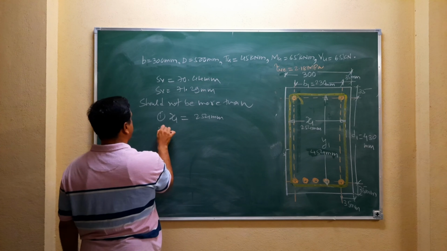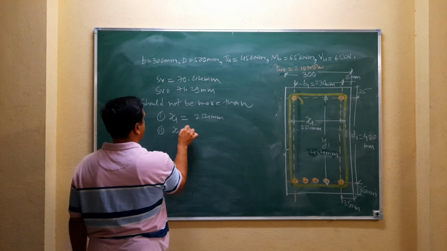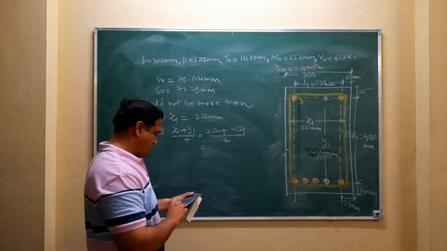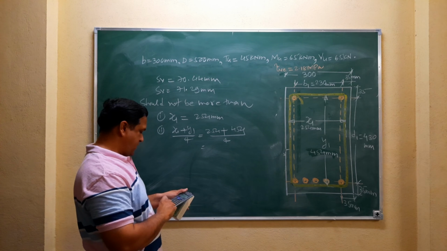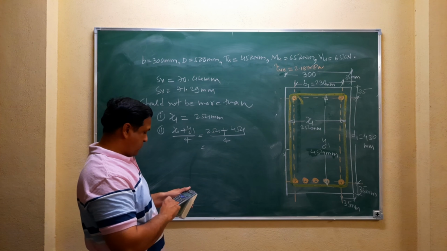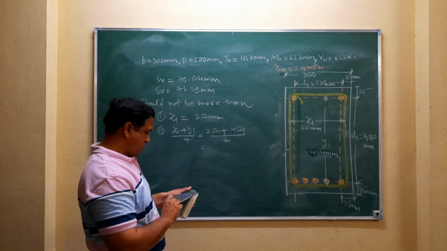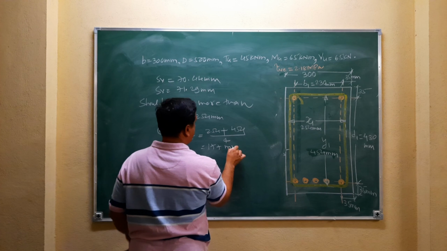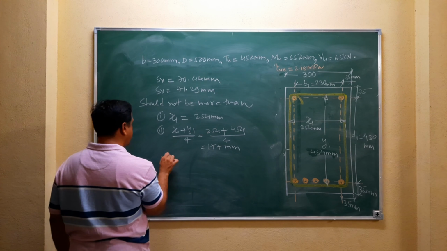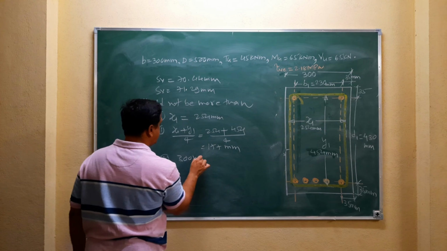Second criteria is x1 plus y1 by 4. x1 is 254, y1 is 454 by 4. So 254 plus 454 by 4, this value is 177 mm, and third is 300 mm.